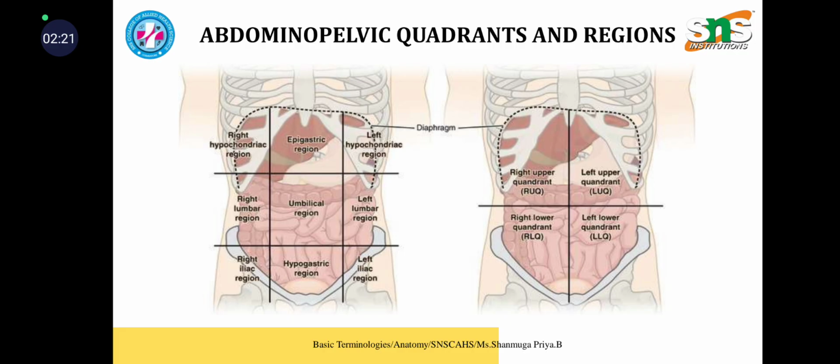Next we have the 9 abdominopelvic regions: right hypochondriac region, left hypochondriac region, right lumbar region, left lumbar region, right iliac region, left iliac region, epigastric region, umbilical region and hypogastric region.